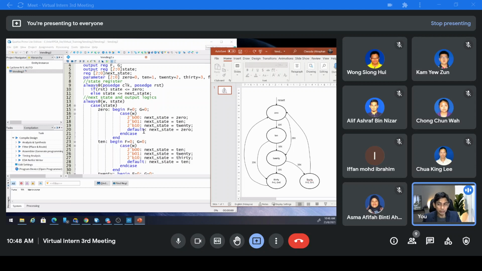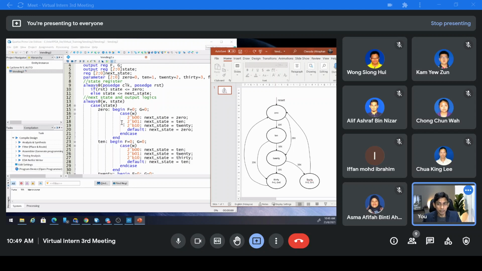We have only 2 coins, 0, 1, 10 cent and 20 cent. But in Verilog, we need to have all the possible conditions. All right. So in this case, if the input W is 1, 1, we should stay at this state also. Right? Nothing happens. For example, you put 50 cent. Because our machine does not receive that, we stay here.